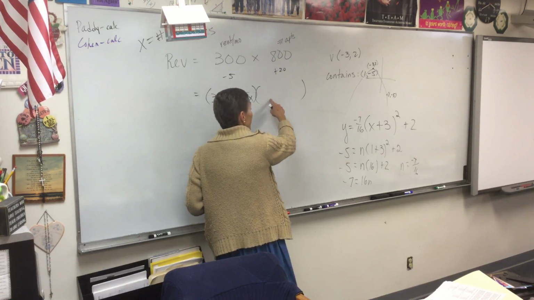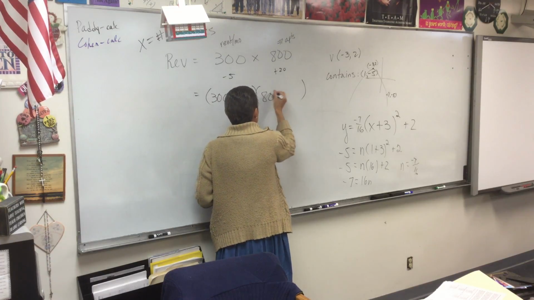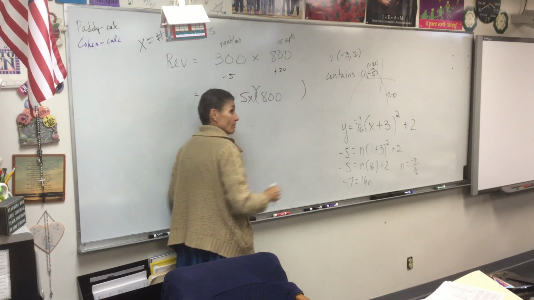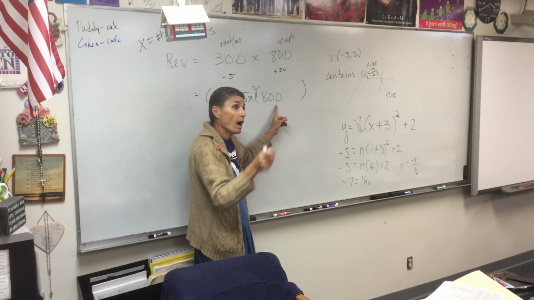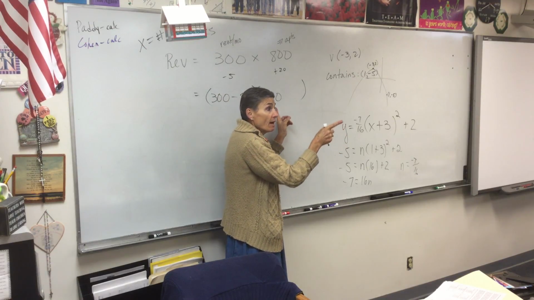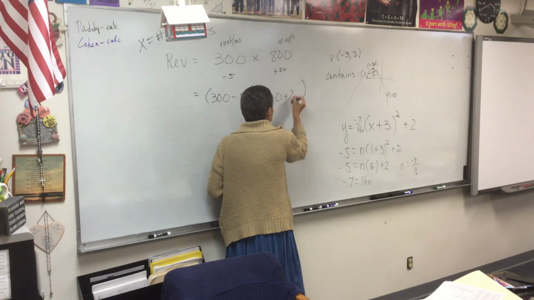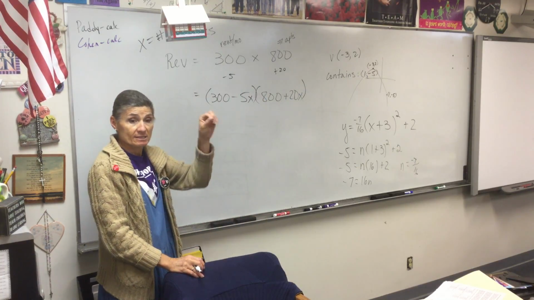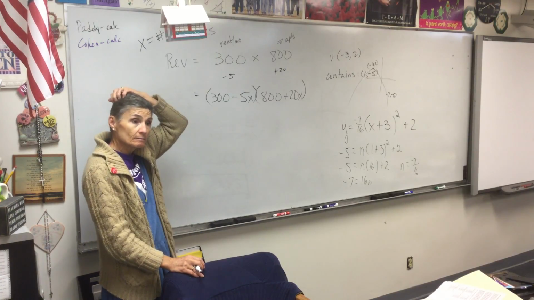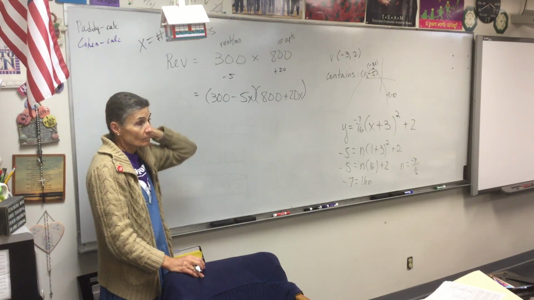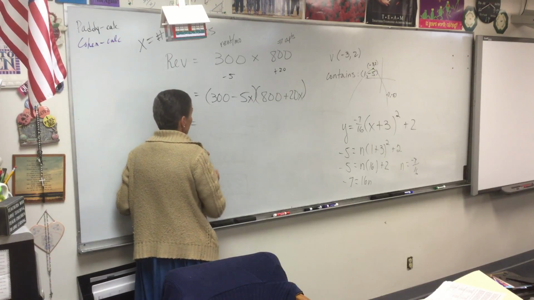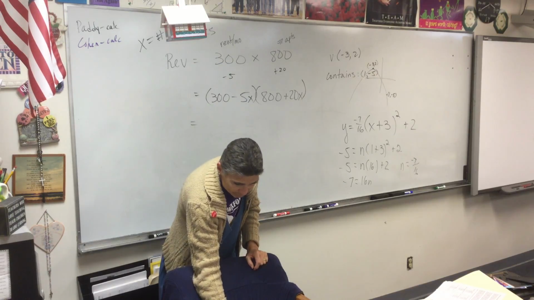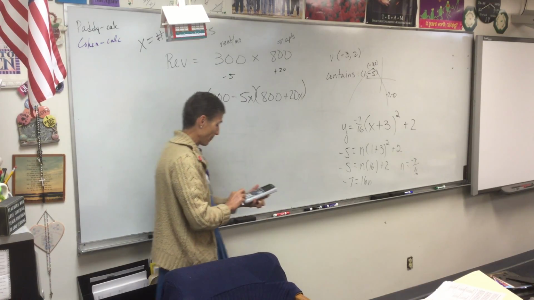Now, what's that do to my number of apartments? I started out with 800 of them rented, but that number's going to go up in increments of 20. So plus 20x. Every x gives me an additional 20. All right, now I want you to multiply this out. You can use your calculator to help you.